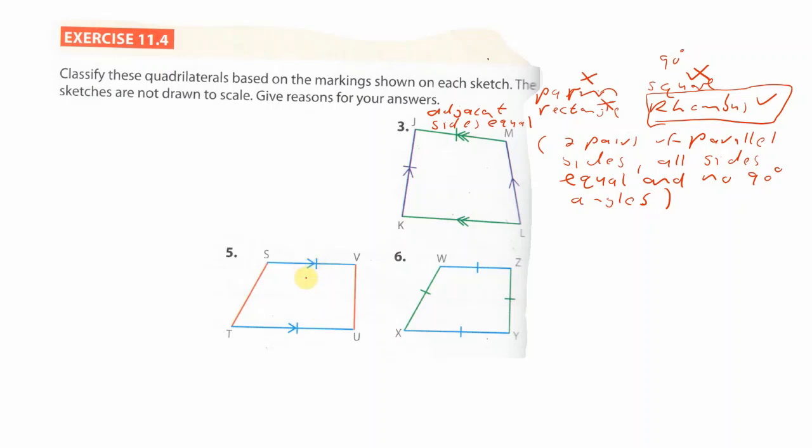We know it can't be a trapezium, because for a trapezium the opposite parallel sides cannot be equal. The one is much longer than the other one. So a trapezium is out of the question.